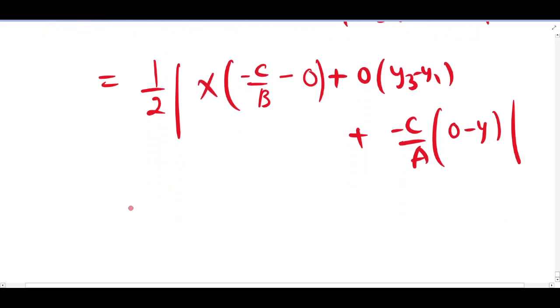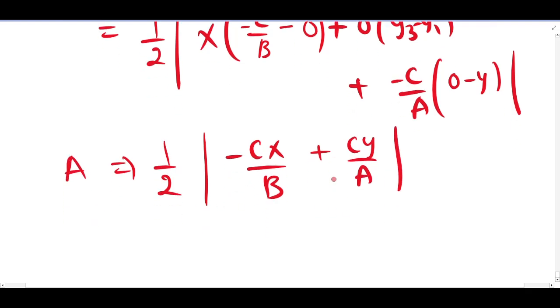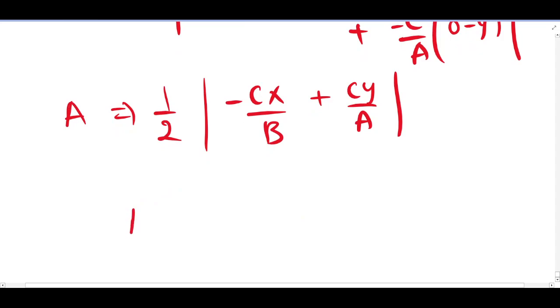So we get the area as half cross minus cx by b plus cy by a. So this is the area of a triangle.